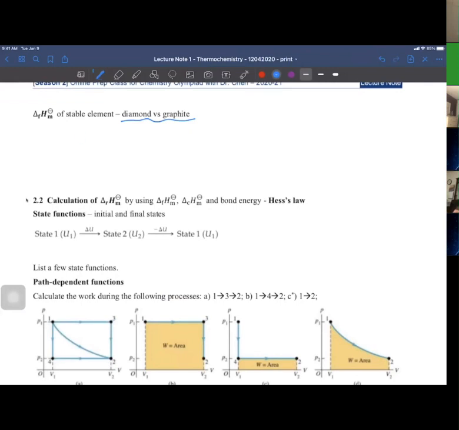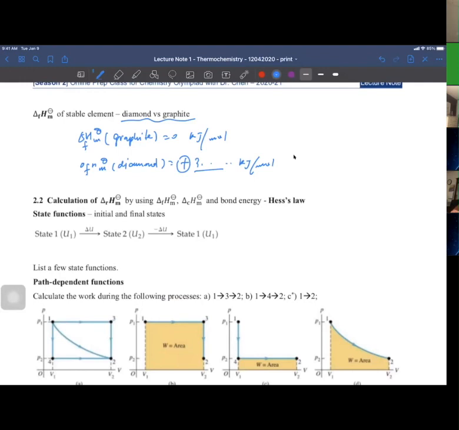Actually, the delta HF of graphite is 0 kilojoule per mole, and the delta HF of diamond is positive. I remember it's plus 3 point something, but I forgot the exact value. The value doesn't matter, but we need to pay attention. It's positive. What does it mean? It means thermodynamically, graphite is more stable, and diamond is a little bit less stable.